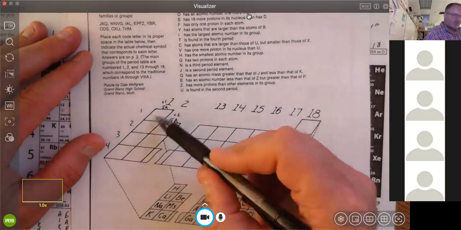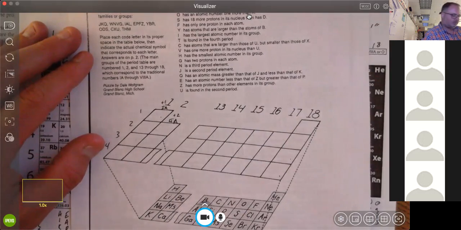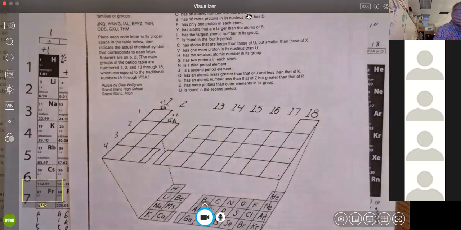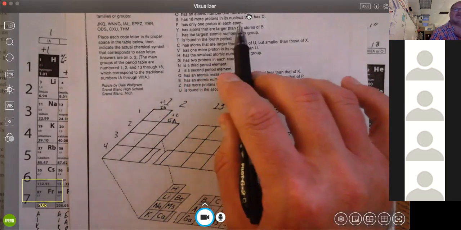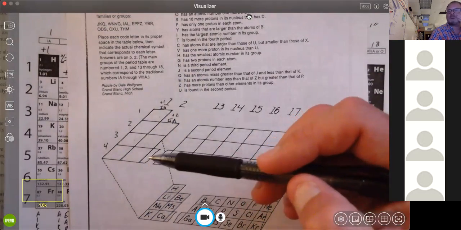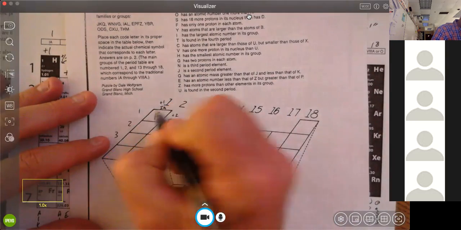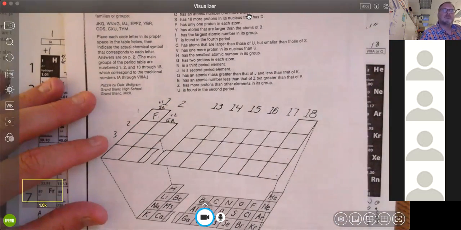Which of these 4 elements have 1 proton in each atom? That's the clue. F has 1 proton in each atom. Yeah, hydrogen. So right there, we know this is F. Easy enough.